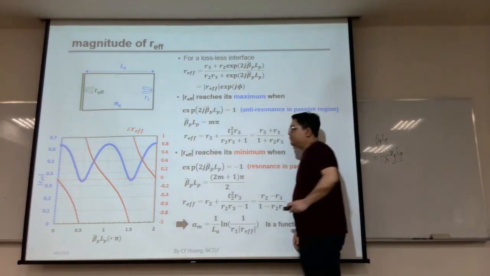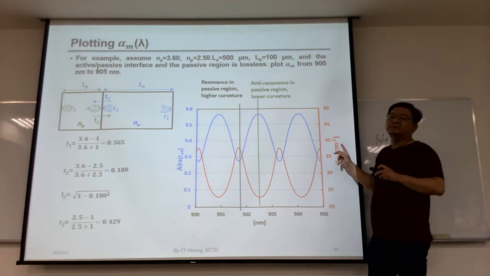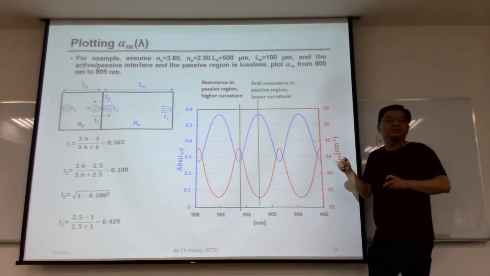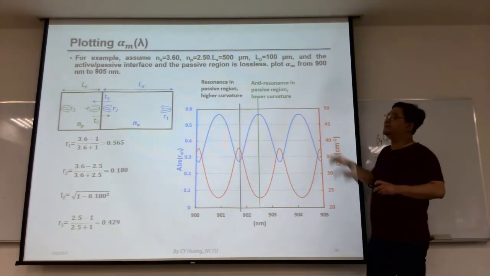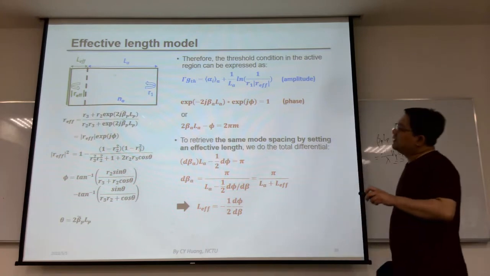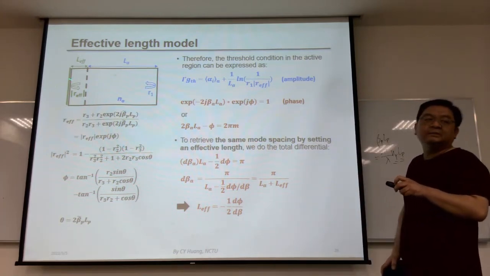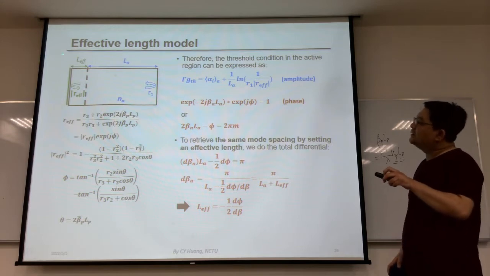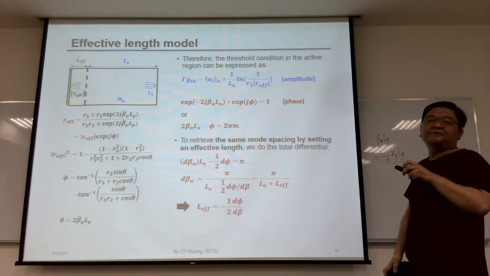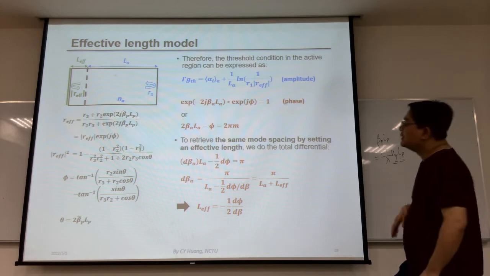So what can we do? Besides the effective reflectivity, we can also introduce another concept called effective length. The system will be described by the reflectivity modulus, giving an additional effective length to fit the mode spacing of this laser.